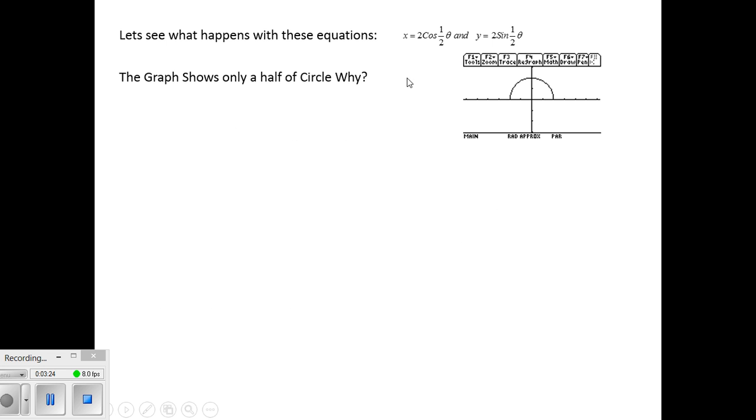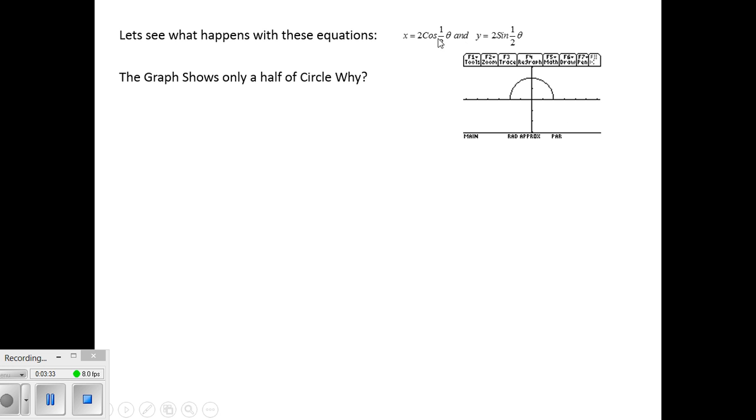We're going to try something else here. Let us say that you put this in the same original equations, but we use a half angle. So what happens here? Well, when you graph, you will only see a half semicircle. And why is that?